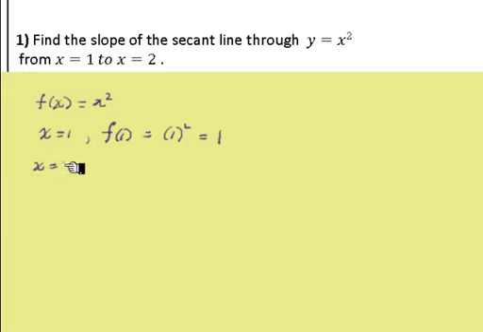And when x equal 2, f of 2 is 2 squared, or 4. So our two points on the line would be 1, 1, and the second point, x equal 2, y equal 4.